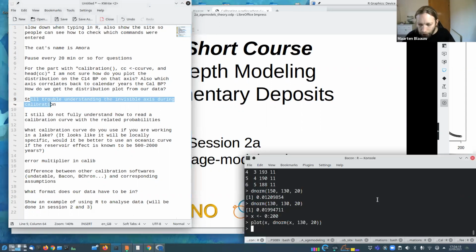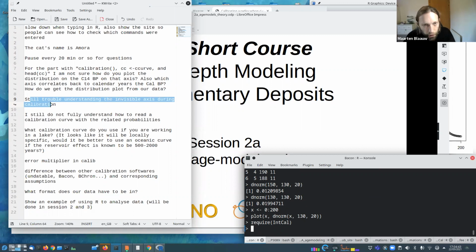So if we go back to R and we load the IntCal code, you type require, open brackets, IntCal with capital I, capital C, and close your bracket. That will load the IntCal code, which has the calibration curves and also some calibration functions.